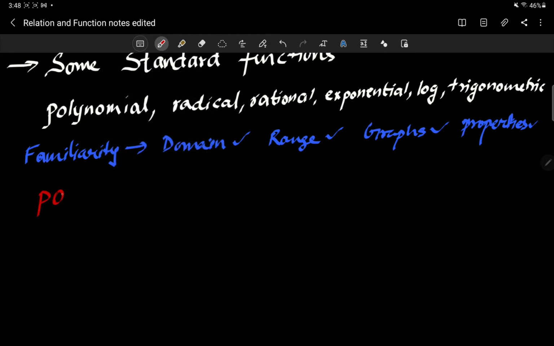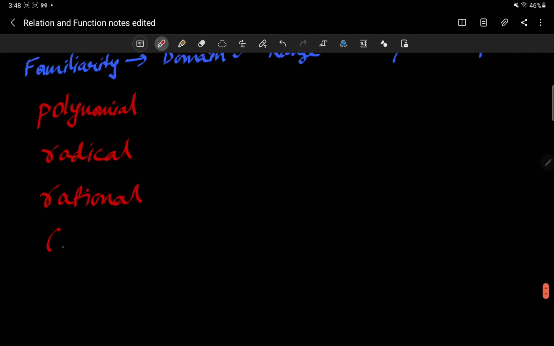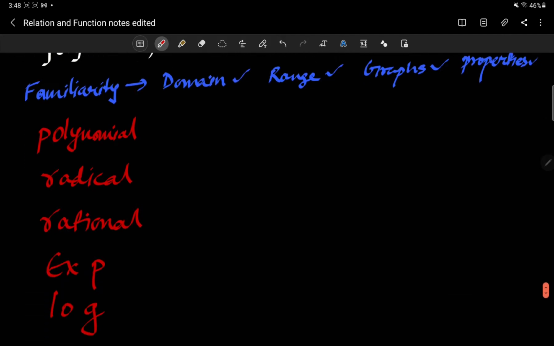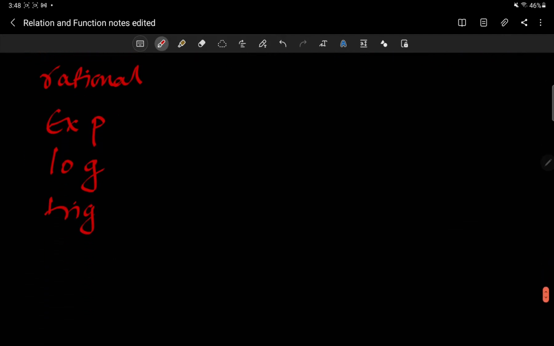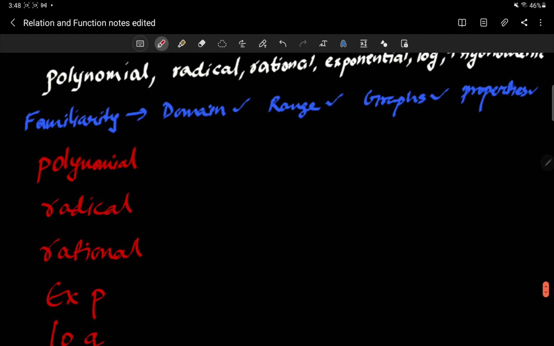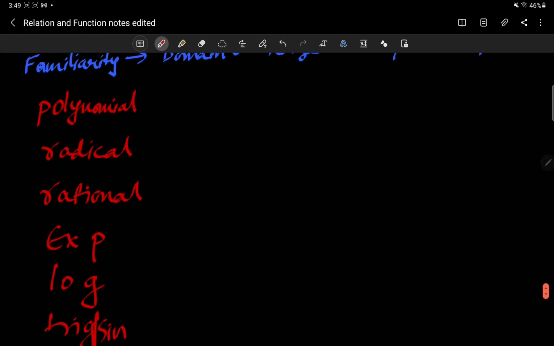So say polynomial, radical, rational, exponential, logarithm, trigonometric, and again trigonometric you have a bunch of them, right? You have sine, cosine, tangent, cosecant, secant, etc.